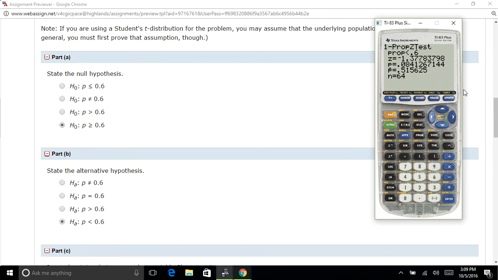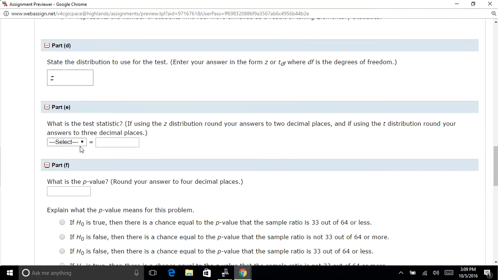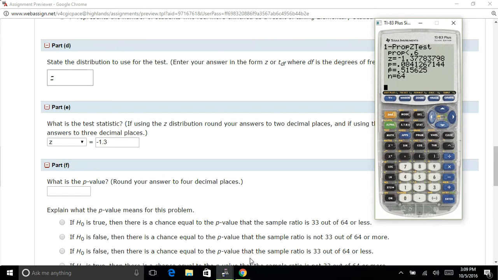All right, so I have my z and my p. My z is negative 1.3778. I'm going to go down here and see how many decimals it needs. It needs 3. So I'm going to put a z here, and I'm going to put negative 1.378. So that's going to be my answer.